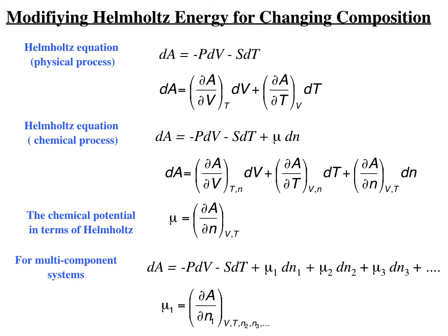But for a multiple component change, I just introduce a chemical potential term for change in each of these components, and then the individual chemical potentials can be identified for change in composition of each individual type, where the other ones are being held fixed while one is varying.